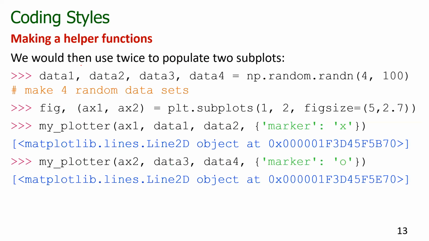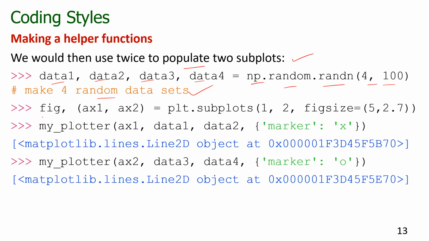Now we will use it twice to populate two subplots using the same function. So data1, data2, data3, data4, randomly defined with np.random.randn(4, 100). So make 4 random data sets, the same data.